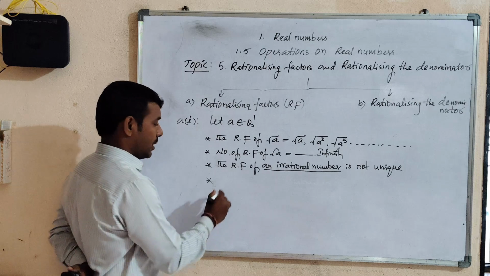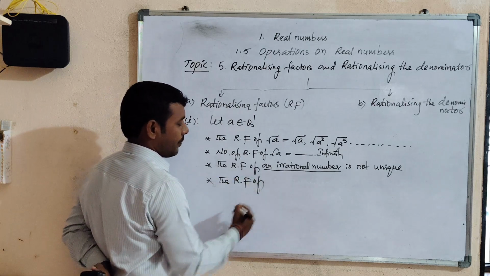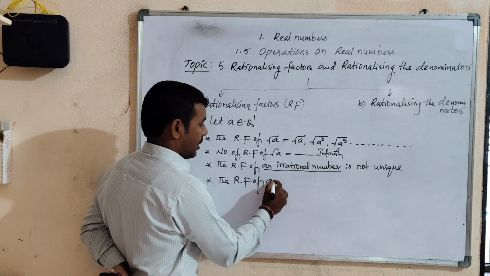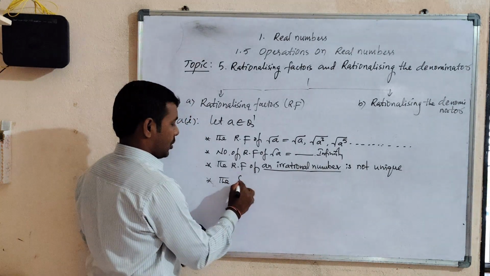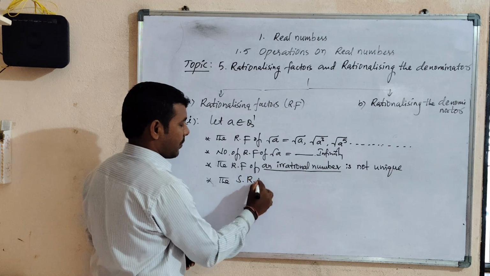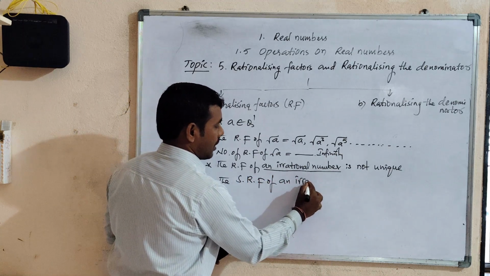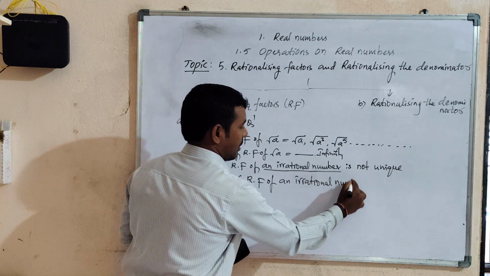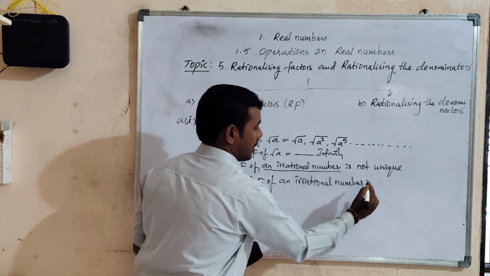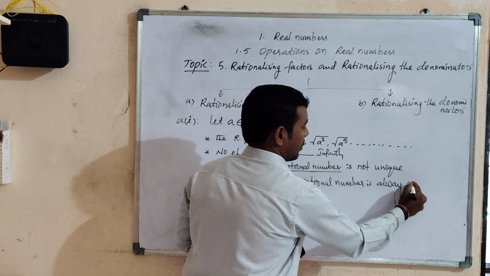This is the last point. The smallest rationalizing factor of an irrational number is always unique.